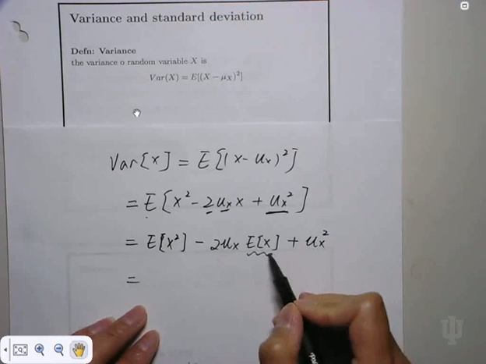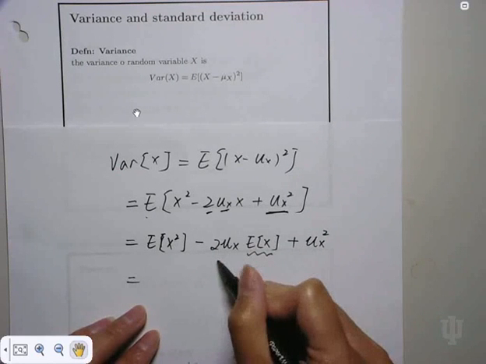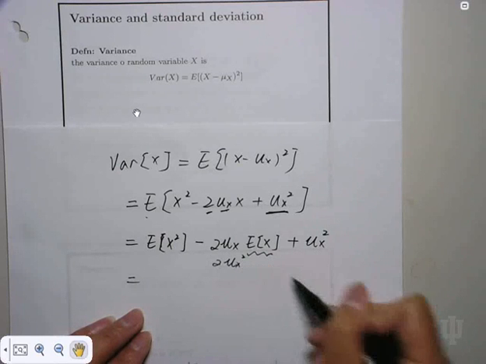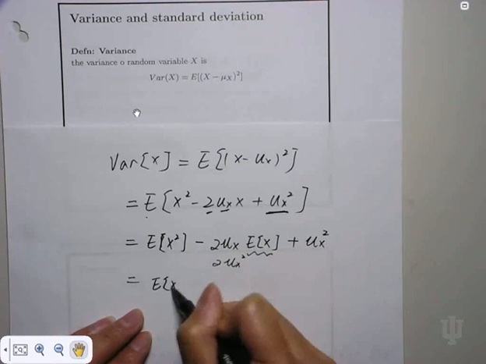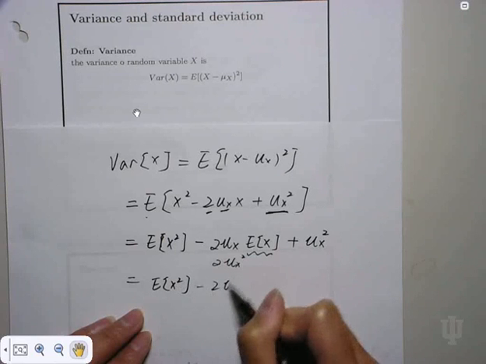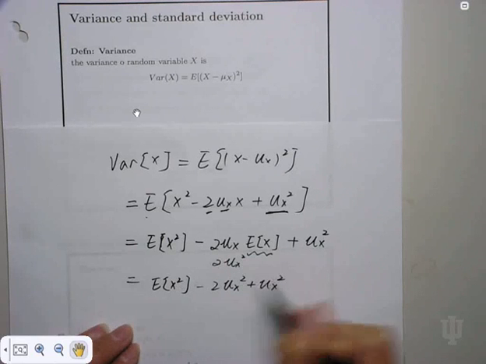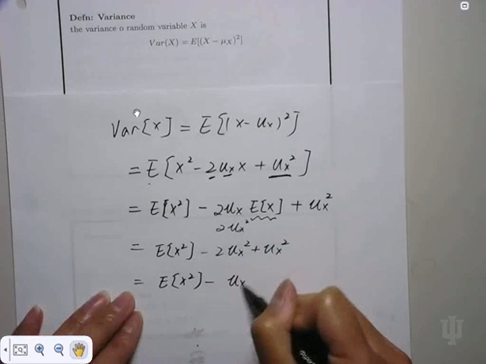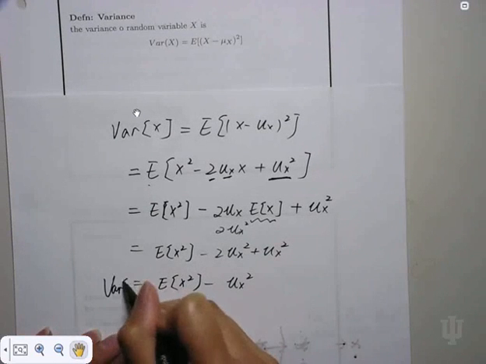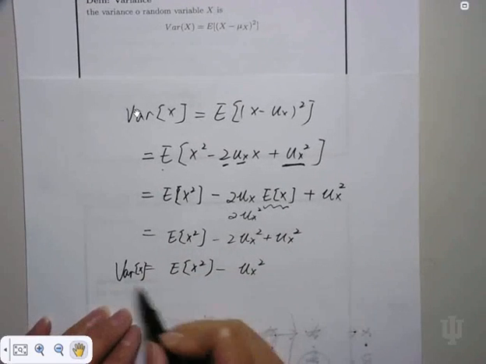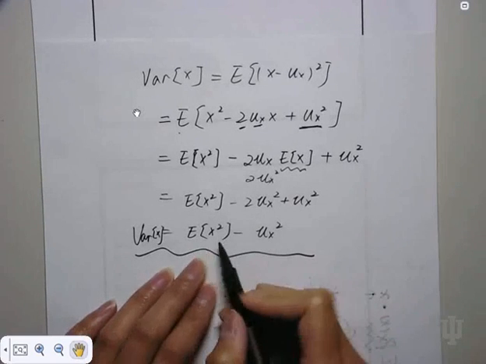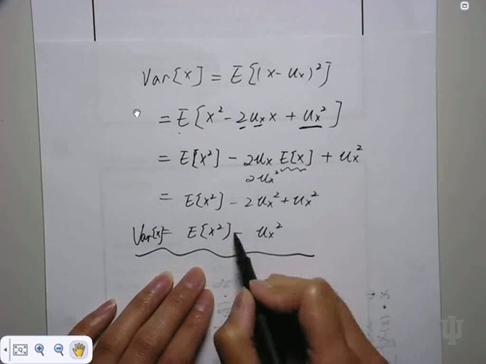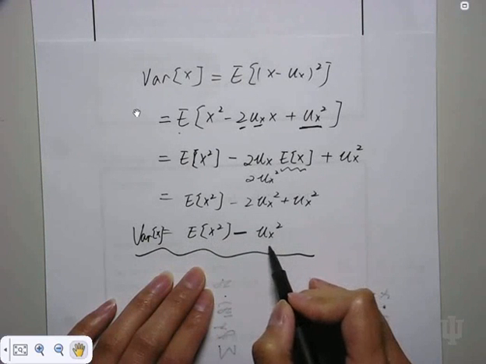Then you notice E of X is just mu X, so this will become 2 times mu X squared. So the variance of a random variable equals the expected value of its square minus the square of the expected value.